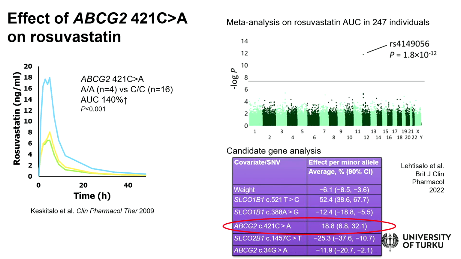The top SNP, or actually the only SNP coming up in the GWAS or the meta-analysis of the GWAS, is SLCO1B1, but in the candidate gene analysis we show an impact of ABCG2 similar to that shown by Professor Niemi's group before.